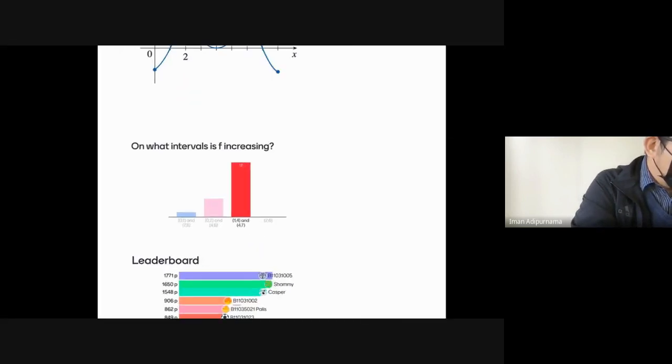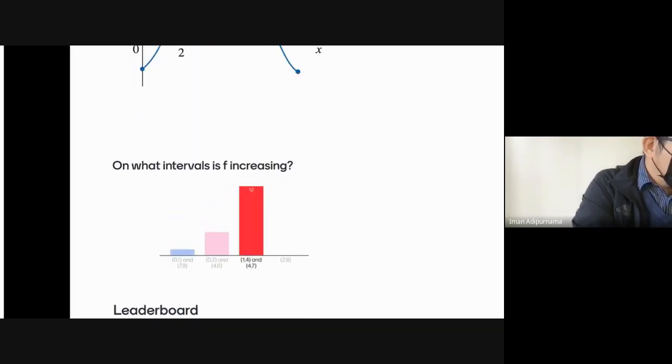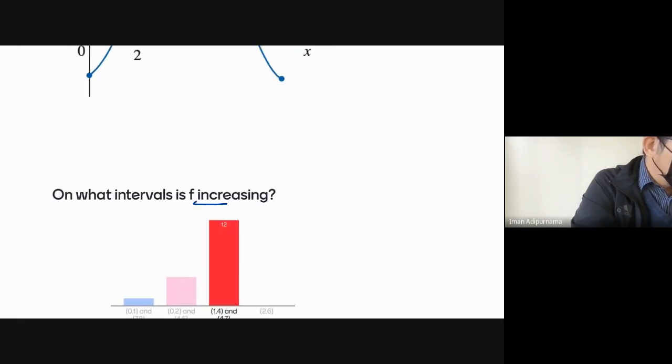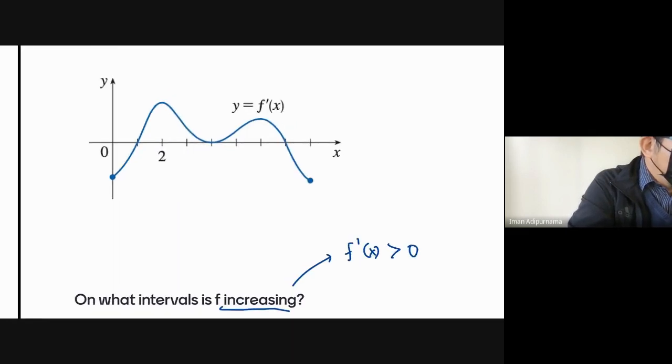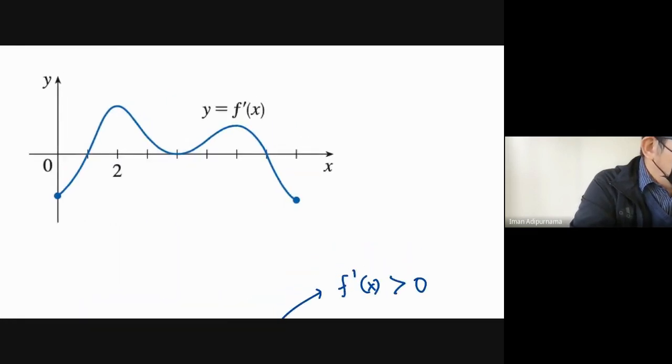The second question is asking when f is increasing. So f increasing should mean the slope is positive, right? This is f prime, so we need to find where f prime is positive.